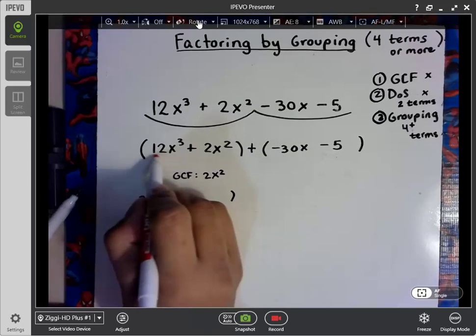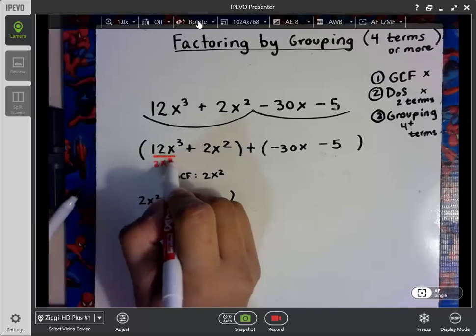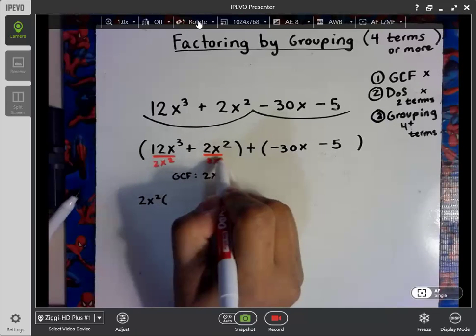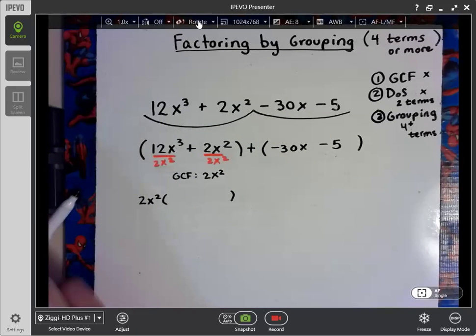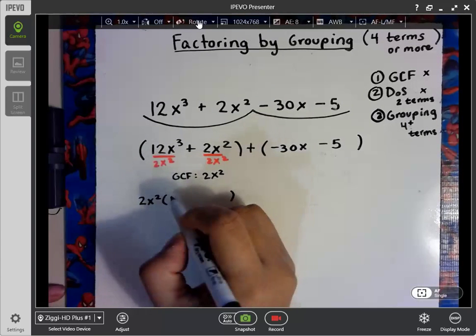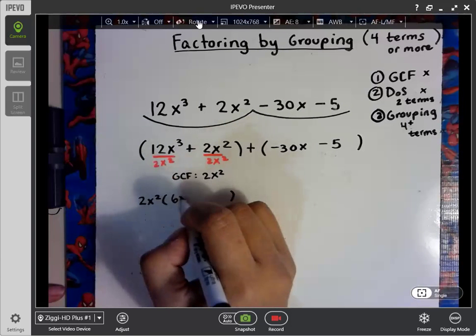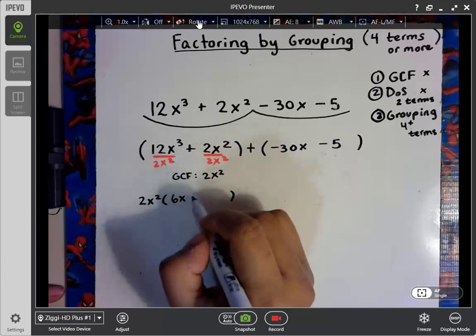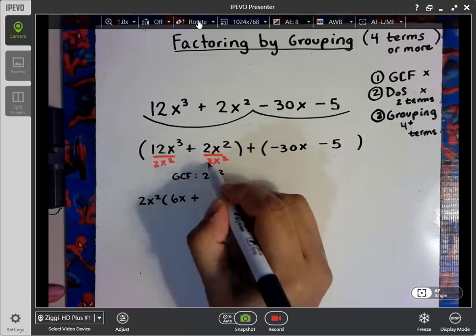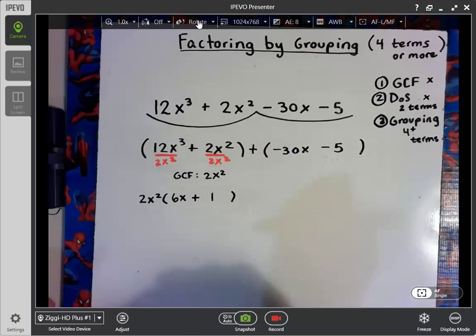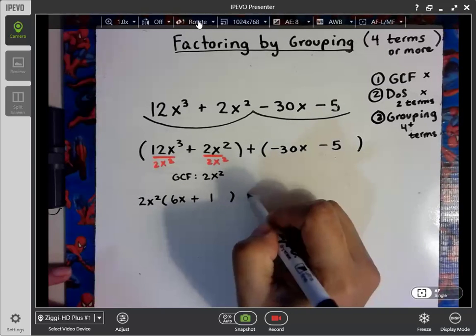So I'm going to divide each of these by the GCF. And 12 over 2 is 6, x cubed over x squared, I have an x, plus sign, plus sign. The 2's cancel and the x squares cancel, so all of this cancels, so I have a 1 left over. We'll bring down this plus sign.